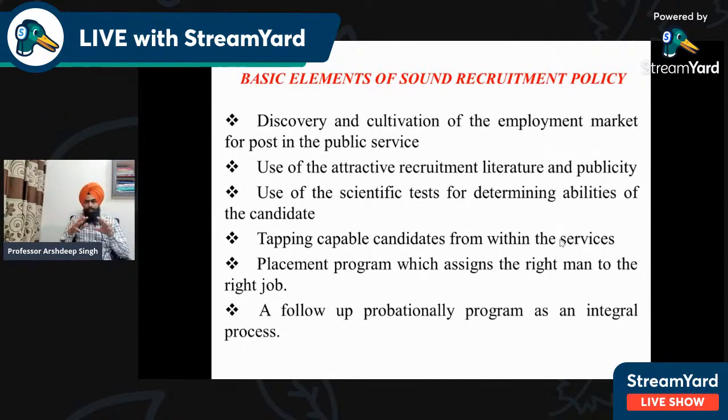For example, nowadays in the nursing department, if you are going to be recruited as a staff nurse, firstly a theoretical test is conducted, but after the selection they are also conducting a test on the basis of practical knowledge.